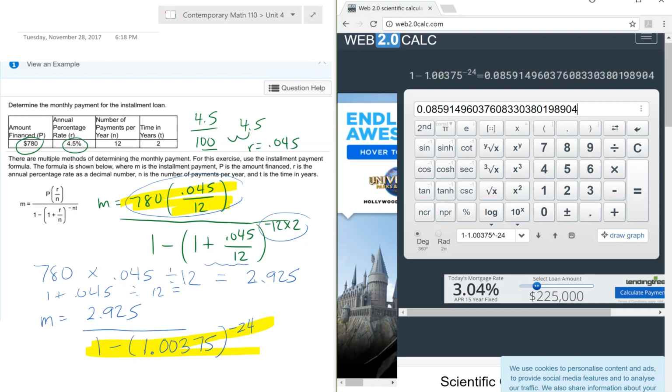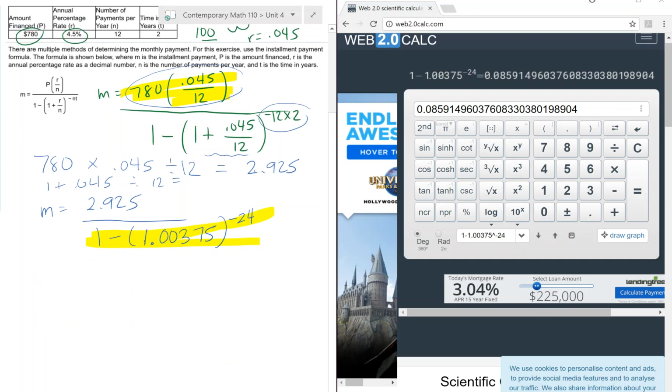Okay, so you get this very long decimal, so I'm going to be pretty generous with my decimal places because I want my answer to be precise. So if you're doing this in steps, do not round, okay, so you want to be pretty generous with your decimals. So M equals 2.925 over 0.08591496. So going out about 5 or 6 places after the 0 is a good idea. So my last step is to type in this final division problem.